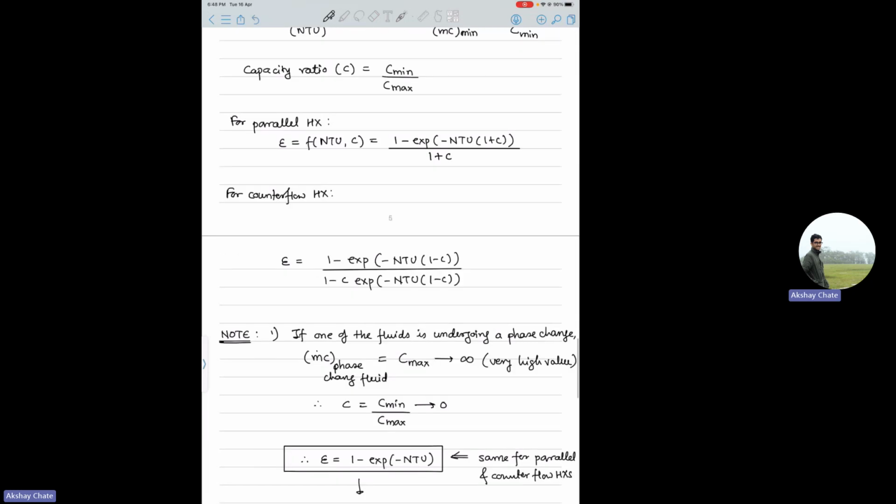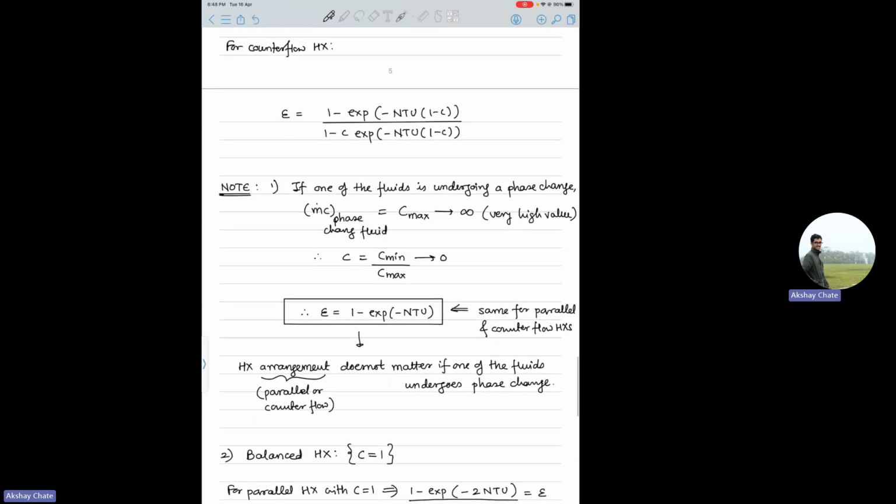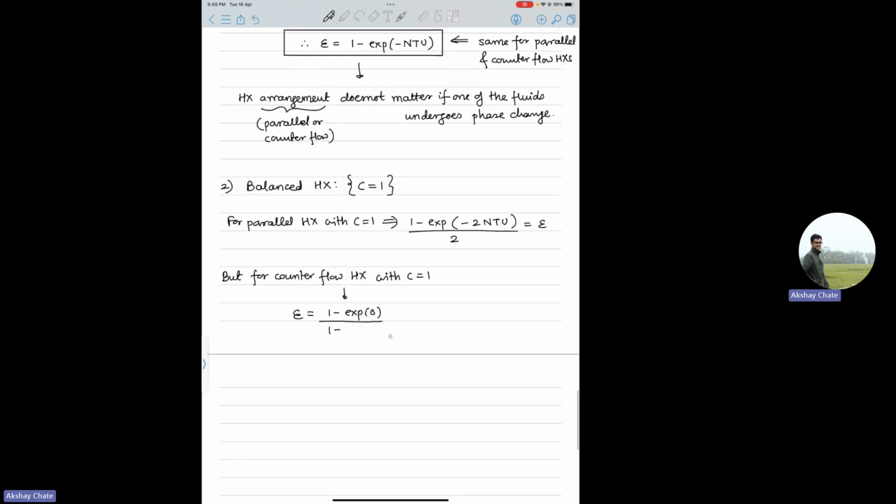But for a counterflow heat exchanger with C equal to 1, what happens to your effectiveness? In the numerator you have 1 minus exponential of 0, and in the denominator you have 1 minus, again, exponential of 0.